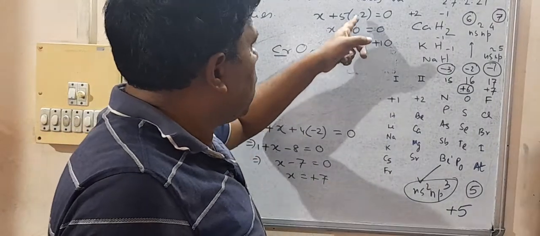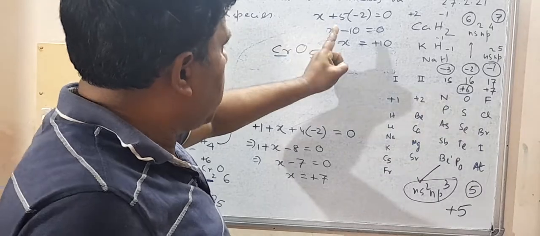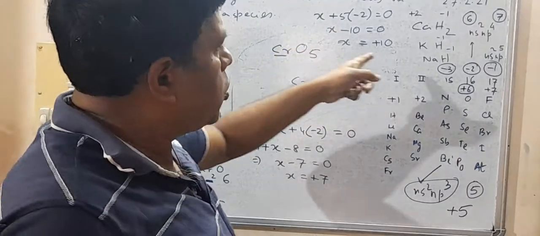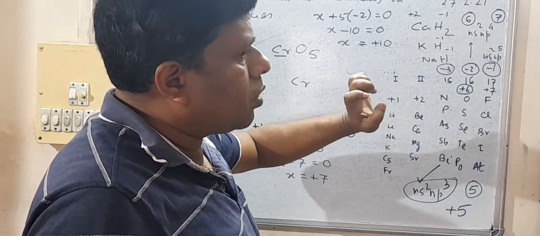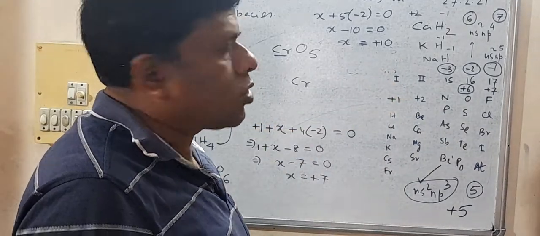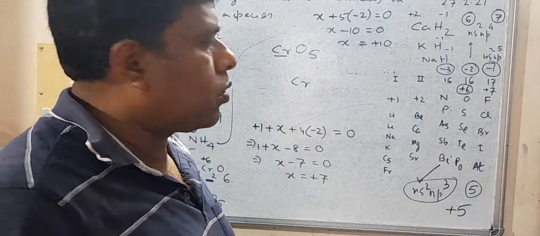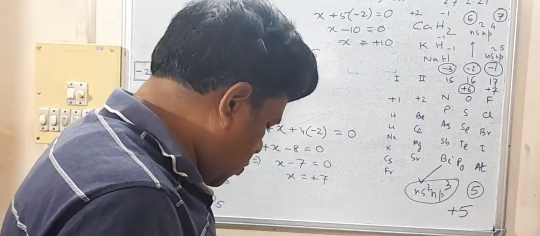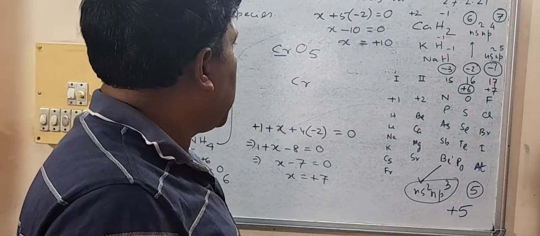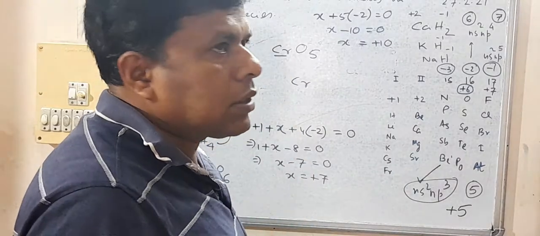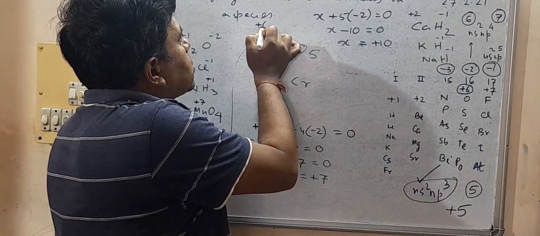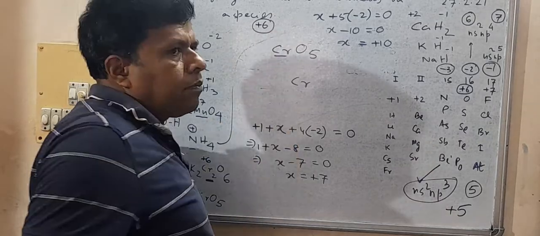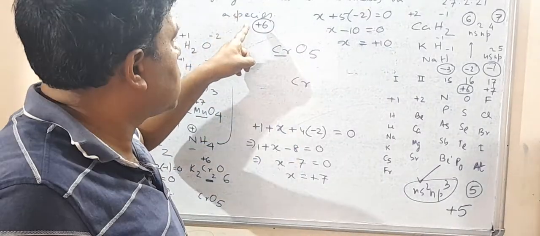But chromium's position in the periodic table: you will see chromium is present in group 6 of the periodic table, and chromium has a group oxidation state of +6, the highest oxidation state +6.